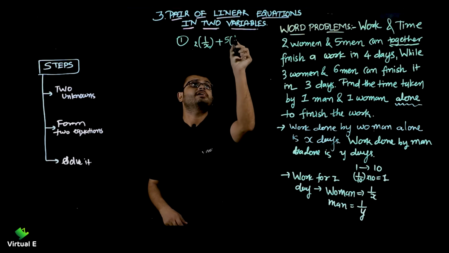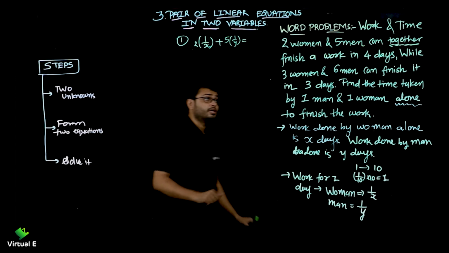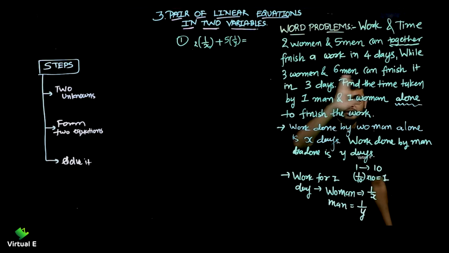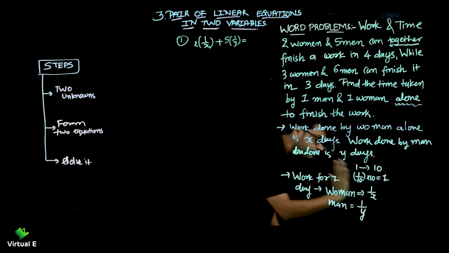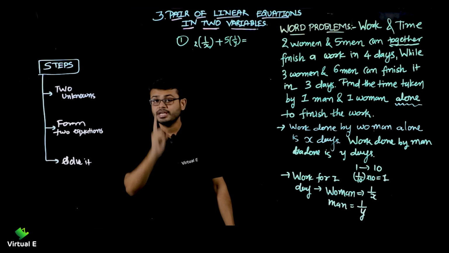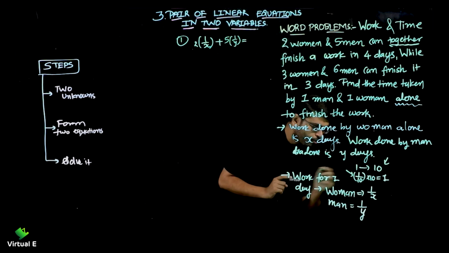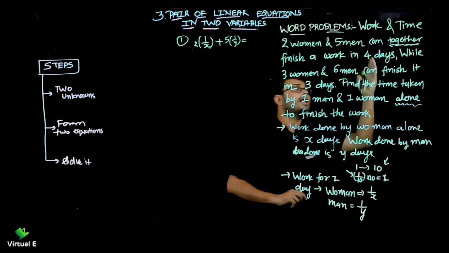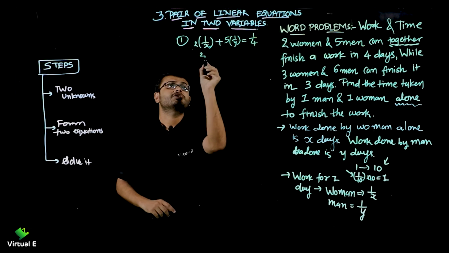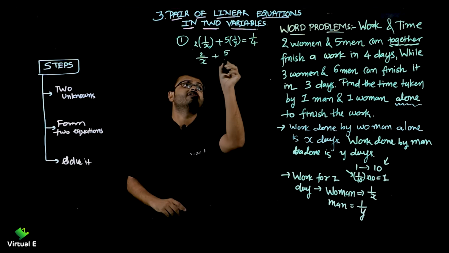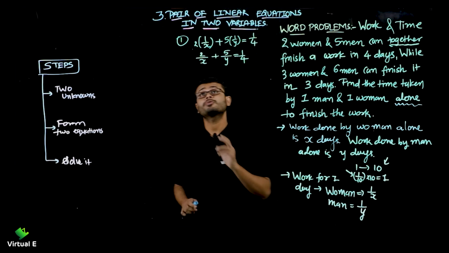So 5 multiplied by 1 over y is equal to, very important, will I write 4 days or 1 upon 4 days? Think about it. I am talking about the work, not the days, right? Your days were 10, but work is 1 upon 10. Same here. Your days are 4, but work is 1 over 4. So my final equation is 2 over x plus 5 over y is equal to 1 over 4. So our first equation is done.